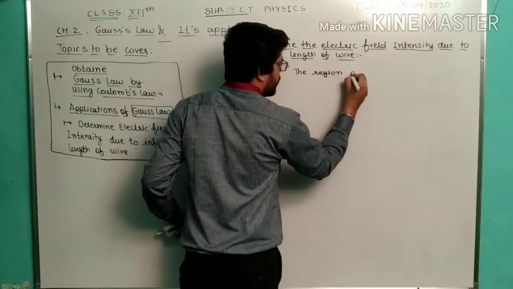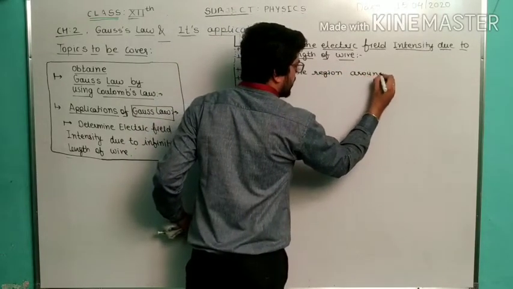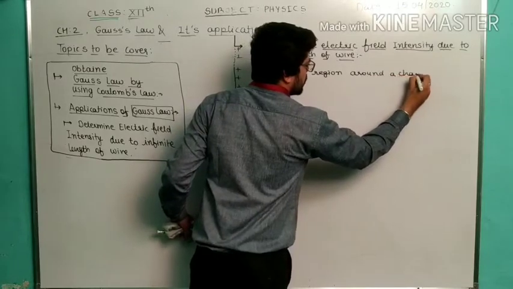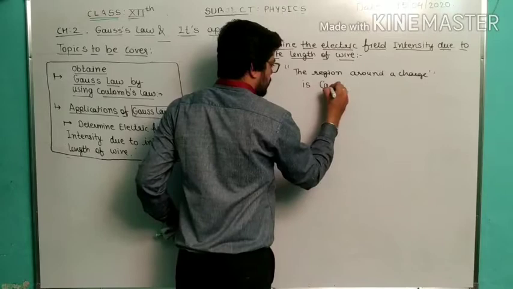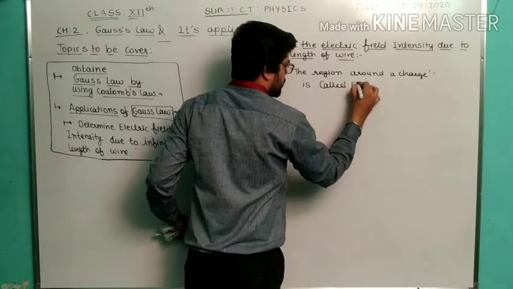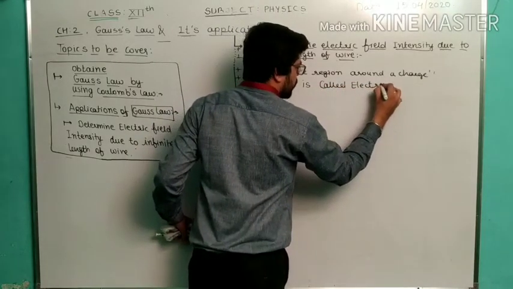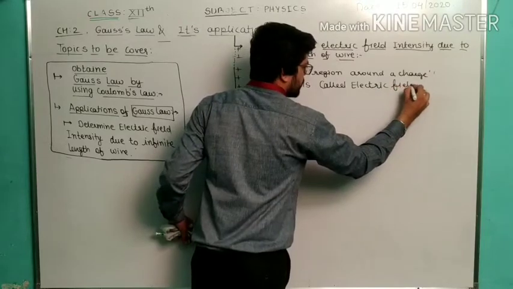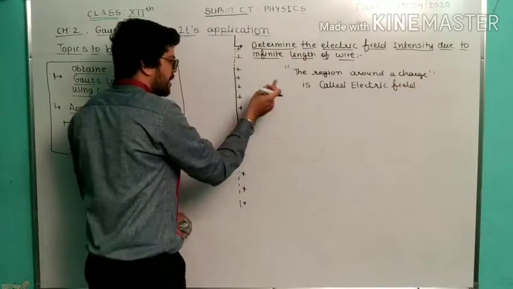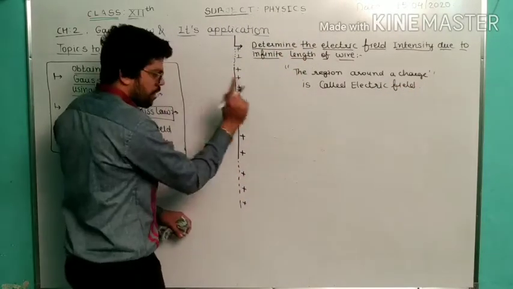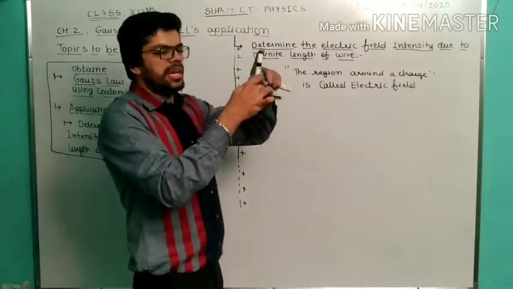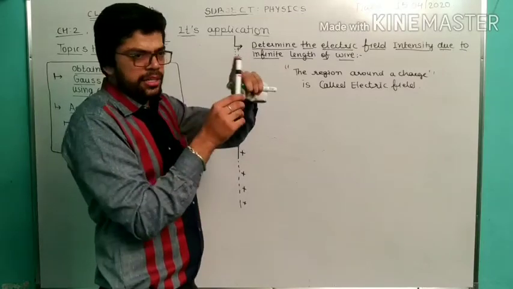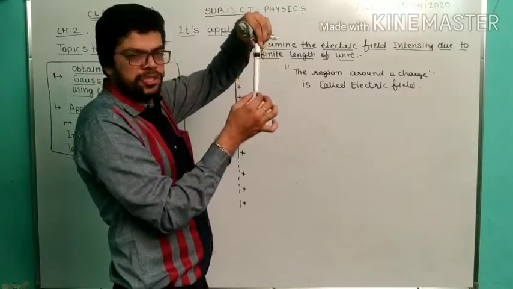The region around the charge is called electric field. So I told you the region around the charge, these are the charges. So around this particular thing electric field is produced. Suppose this is the length of wire, infinite length of wire. So these are the positive charges distributed over it.